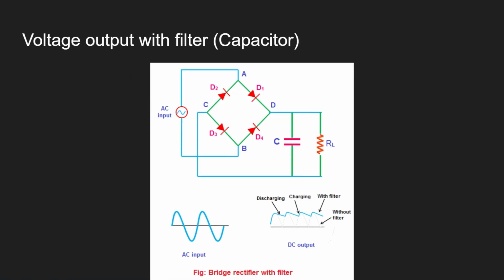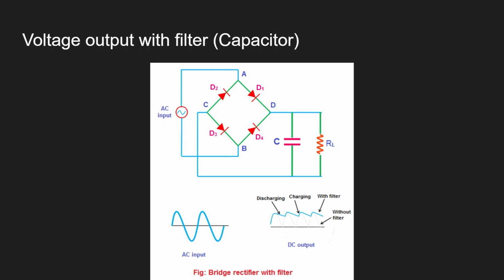Okay, another graph. Let me see. This one here. At the positive phase, it will flow through D1 to here and D3 back to the input.